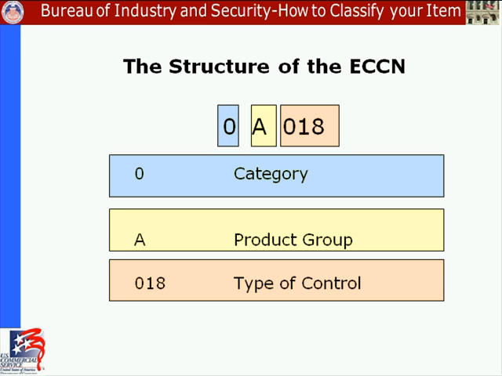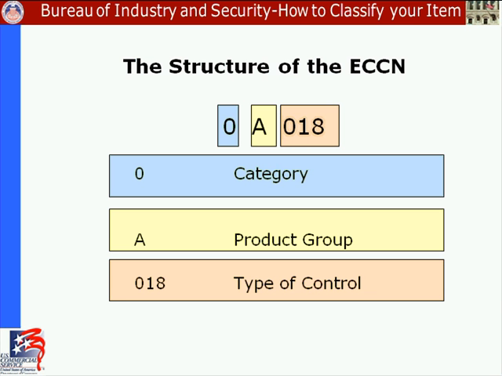And the category you will see is from 0 to 9. And then we will have a product group from A to E. And then we have 3 digits. It's the type of control.